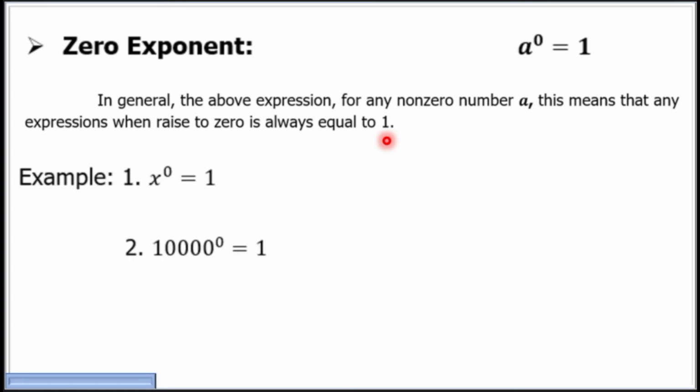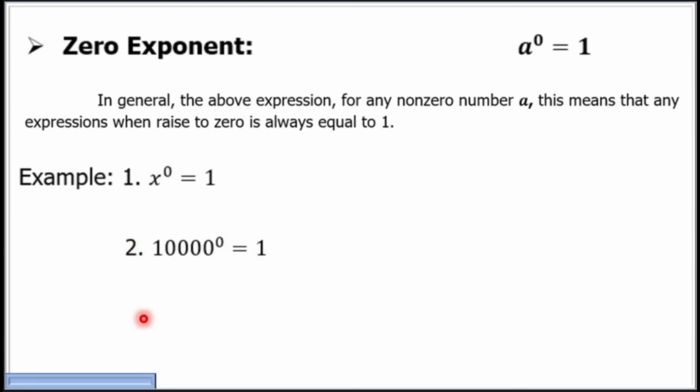Okay, example. x raised to the power of 0. So whatever the value of x, since 0 man ang exponent, that means 1. Okay? Number 2. 10,000 raised to the power of 0. That is equal to 1. Basta 0 ang exponent.